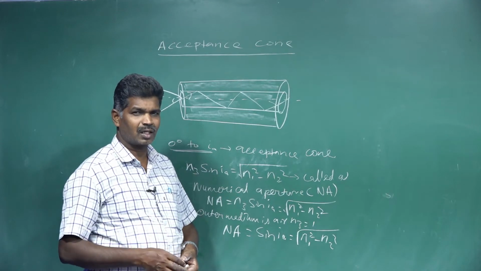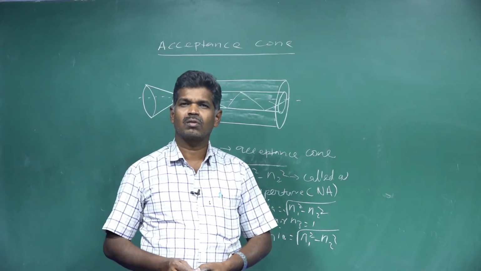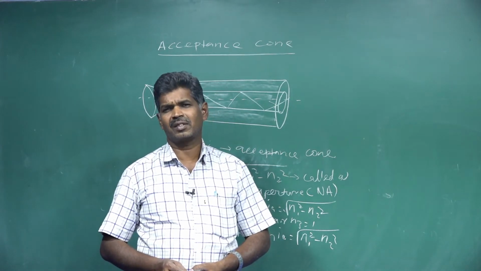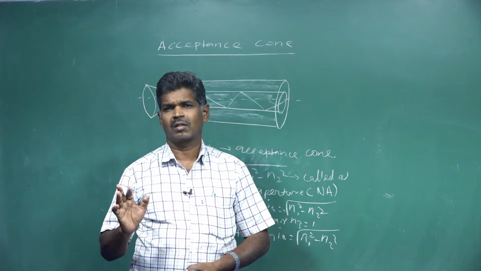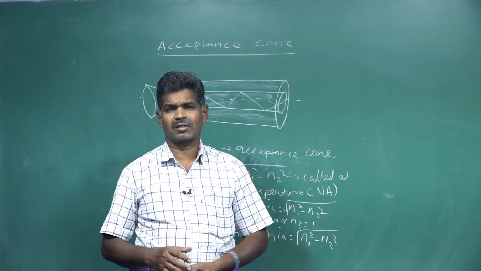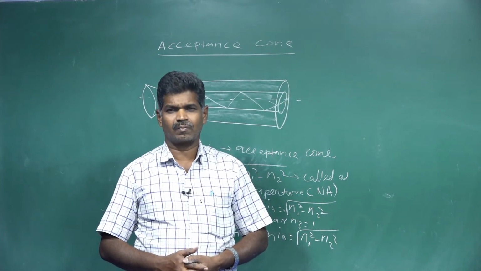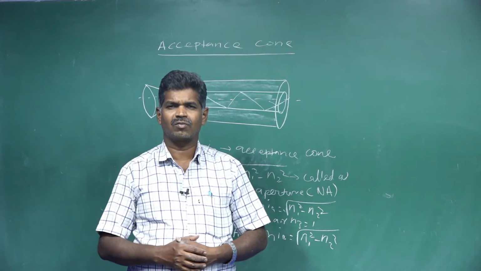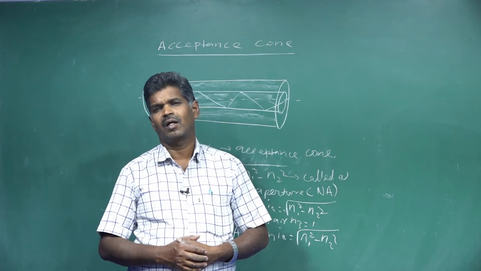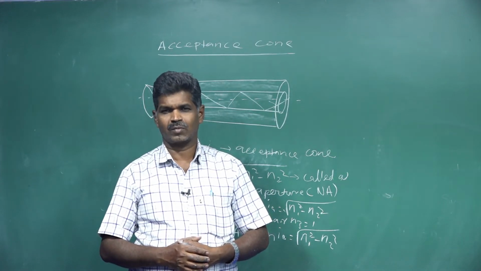Once again, we can recall that an optical fiber is a device used to transmit information from one end to the other end as light signals. What principle is used? Total internal reflection. Optical fibers are very thin fibers in a cylindrical shape, made up of either glass or plastic.